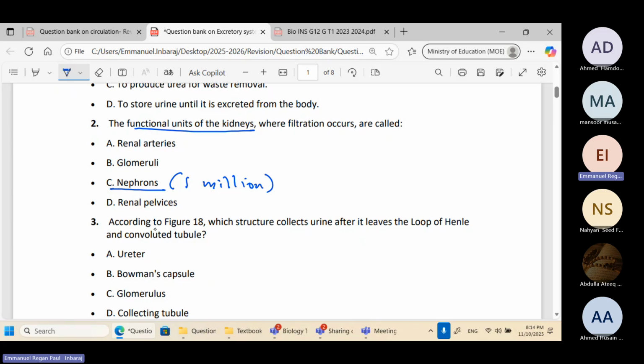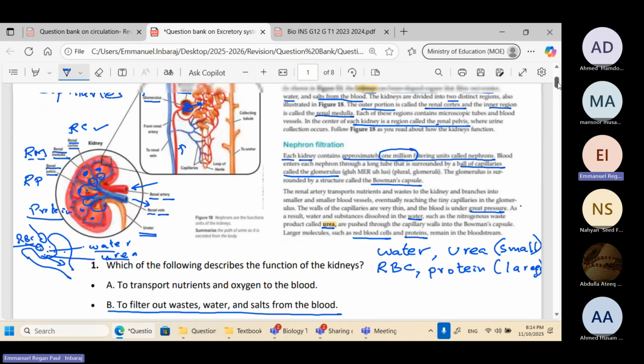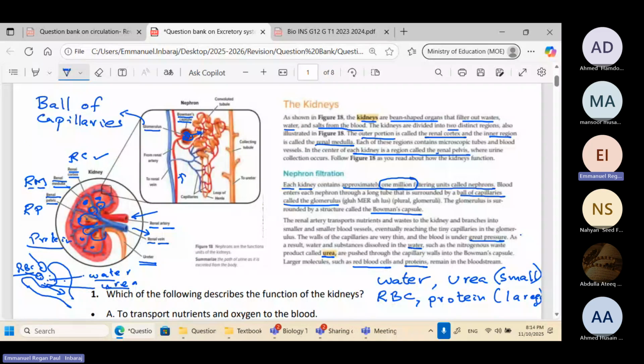Okay. According to figure 18, which structure collects urine after it leaves the loop of Henle and the convoluted tubule? Now let's come back to this. What is this loop of Henle and convoluted tubule? Look at this. Here the materials are getting filtered. Then these substances go through a coiled tube, called the coiled or convoluted tubule.